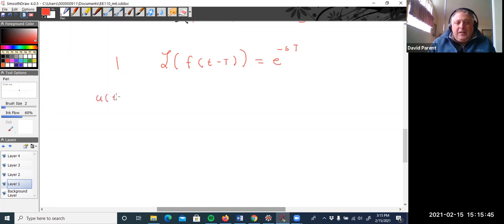Because if we do this, we know it's just a step function delayed by 1. And so when you go through the math, this is the only thing that, when you take the Laplace transform of something, will make it work.